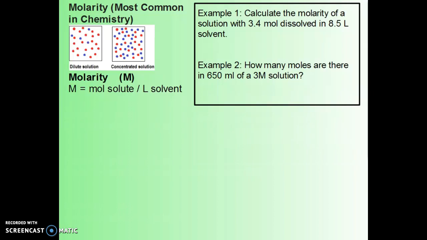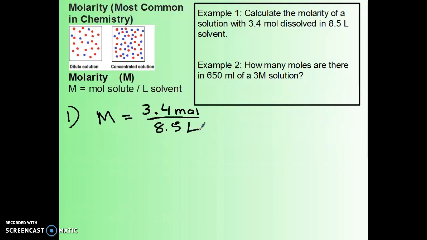So molarity is M. This is for example 1. M equals the moles of solute, so it's saying that we're dissolving 3.4 moles. That's talking about our solute. We don't even know what it is because it hasn't given us a chemical formula or anything. 3.4 moles of solute dissolved in 8.5 liters of solution.